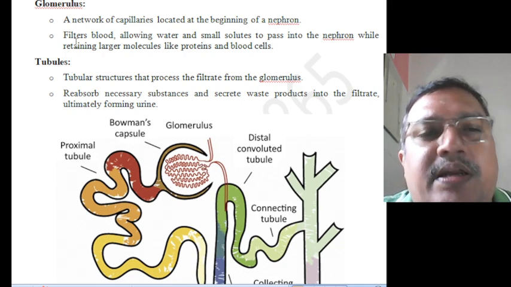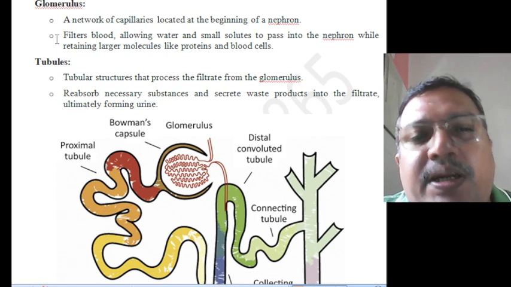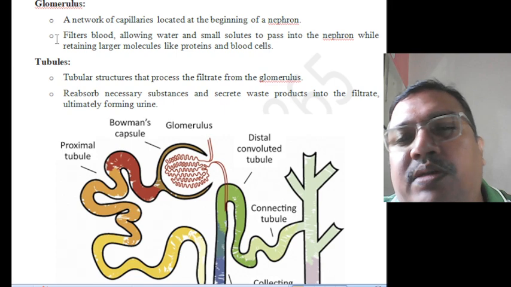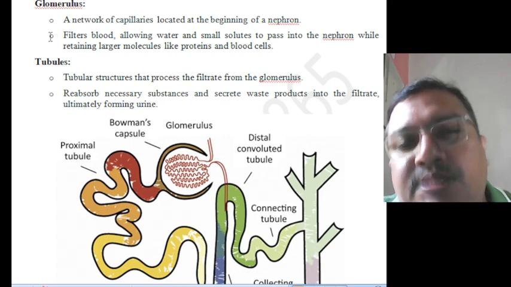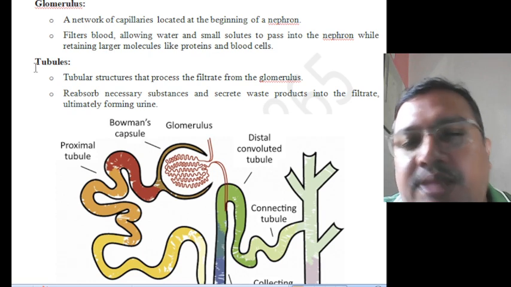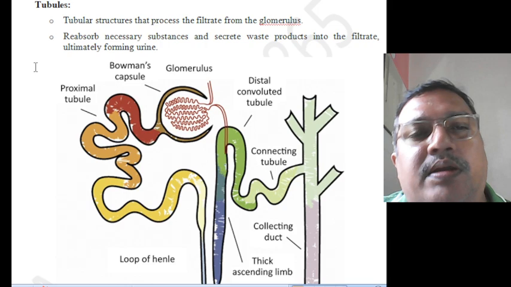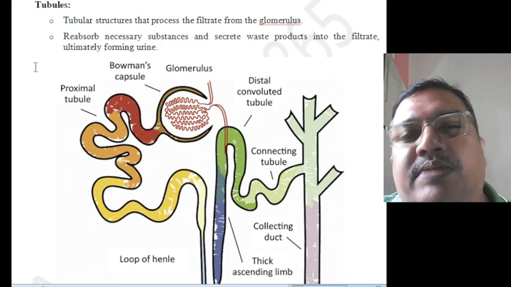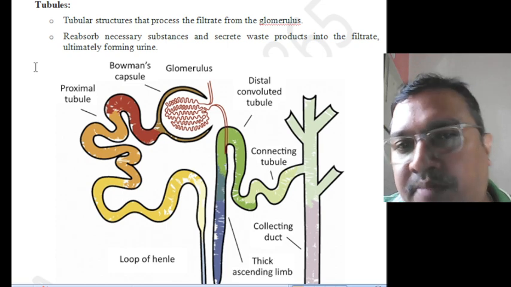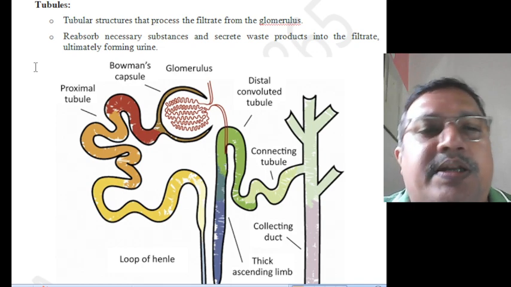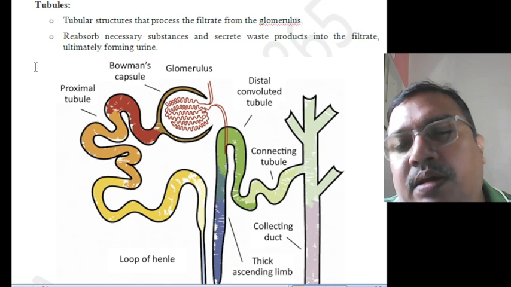It filters the blood, allowing water and small solutes to pass into the nephron while retaining large molecules like proteins or blood cells. The tubules process the filtrate from the glomerulus, reabsorbing the necessary substances and secreting waste products into the filtrate, ultimately forming the urine.